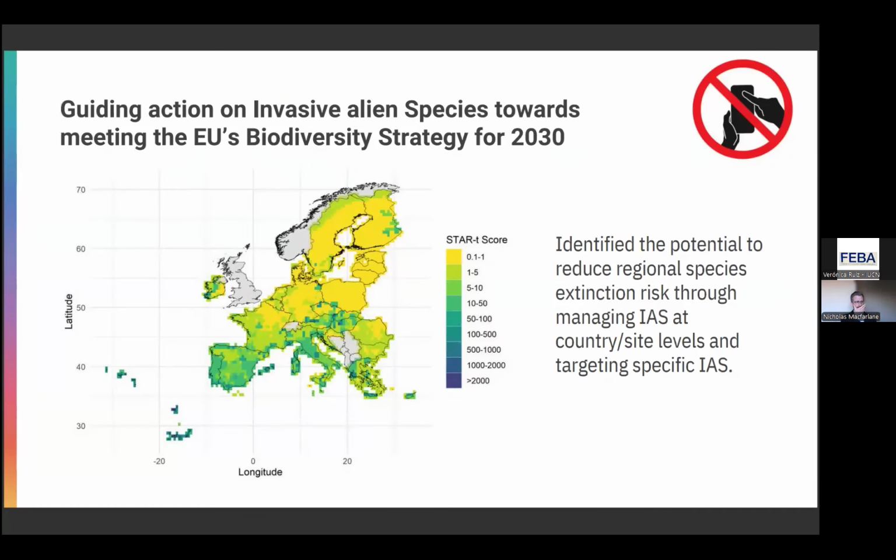In another example, and this is work commissioned by the European Commission, STAR was used to identify opportunities for implementing the EU's biodiversity strategy by quantifying and mapping high-value locations for addressing the threats of invasive alien species. By extracting the slice of STAR that was associated with that threat in the same way we looked at the slice of STAR in that example that was associated with biological resource use.